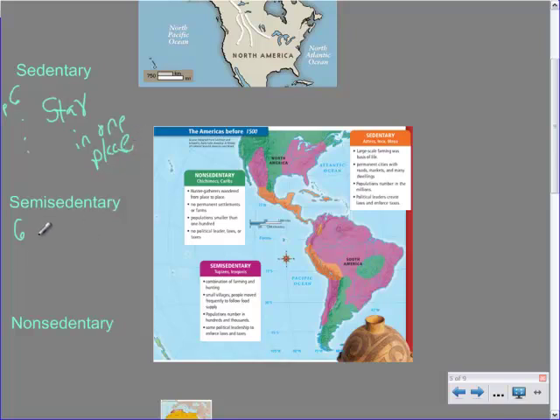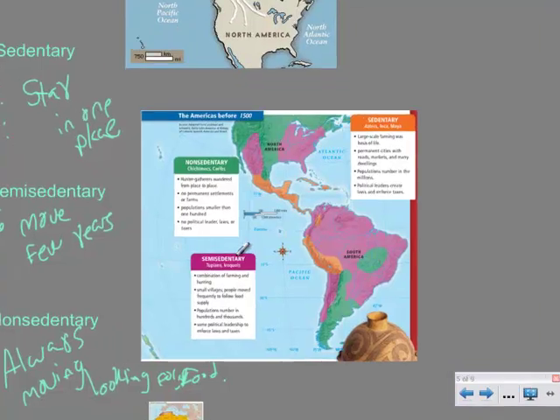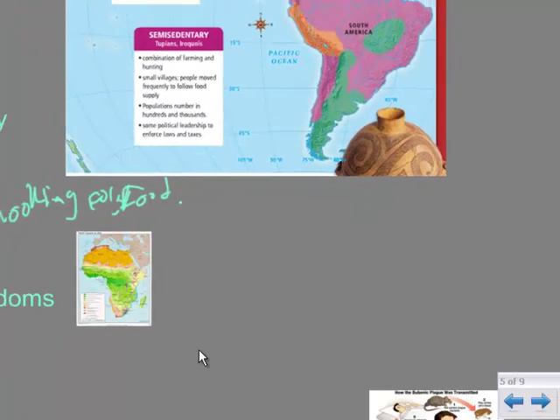Semi-sedentary, stay in one place, but they move every few years. And the non-sedentary are always moving, and that is because they are looking for food. But this gives you an outline of some bullet points about them, who would be in the non-sedentary category, all that kind of good stuff. So I would look on page 6 for that.